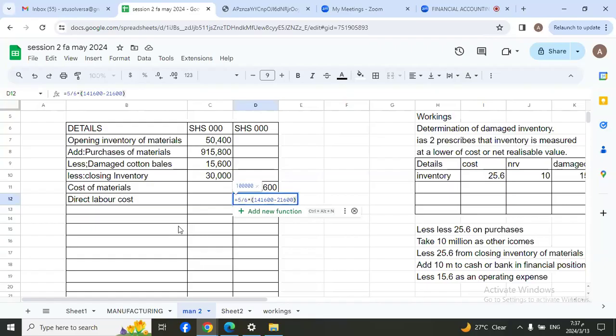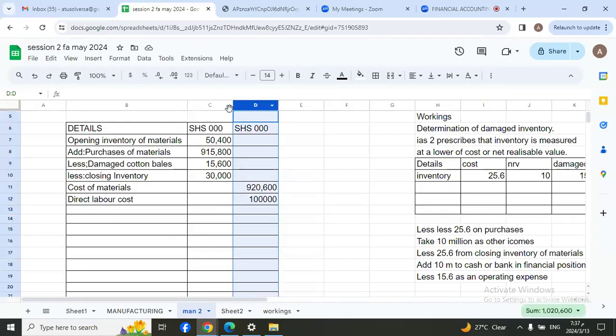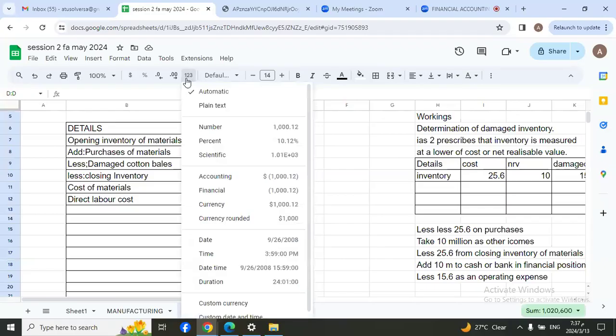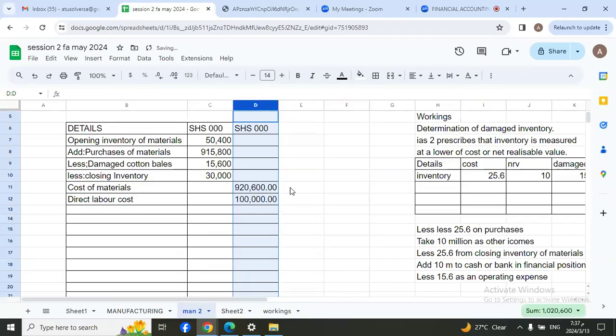I close the brackets. I get my answer as 100,000. Do we all know where we've got the 100,000? I don't want to leave anyone behind.